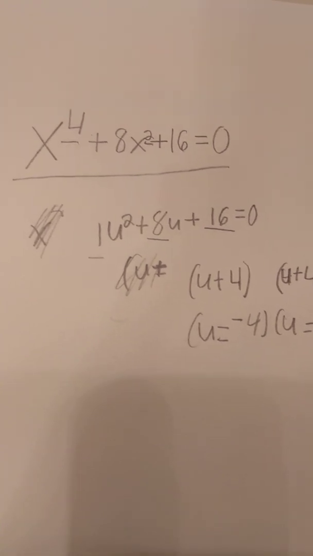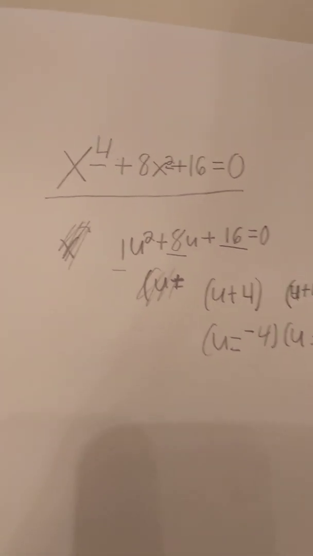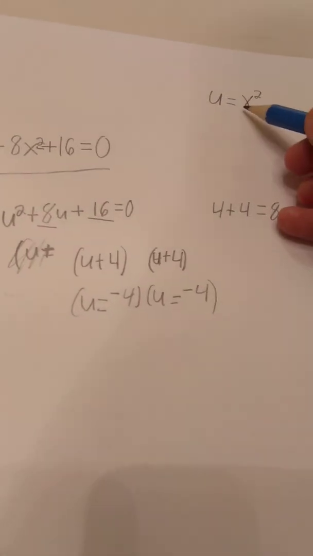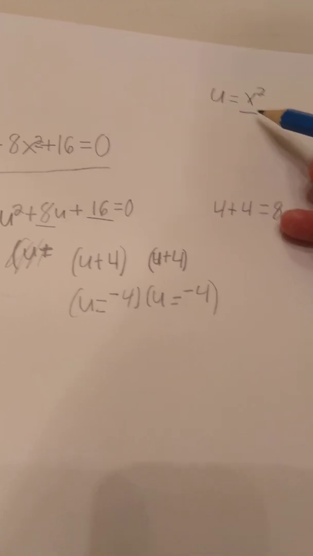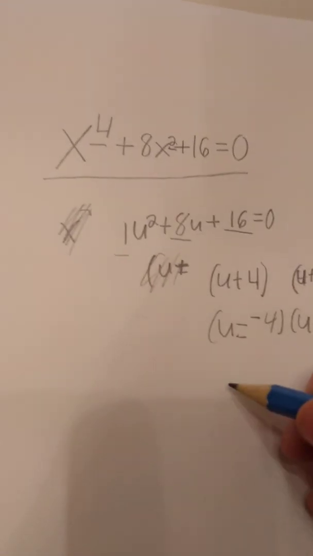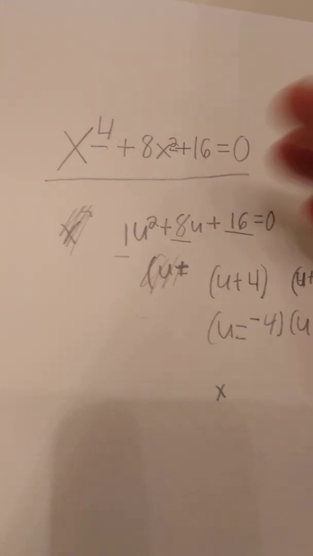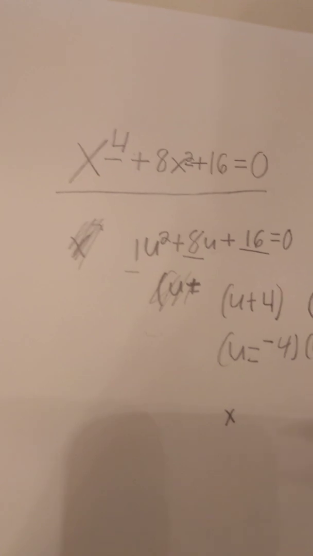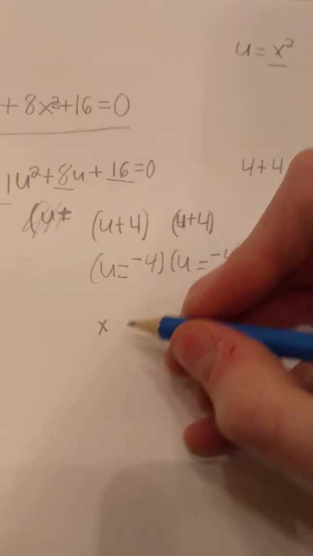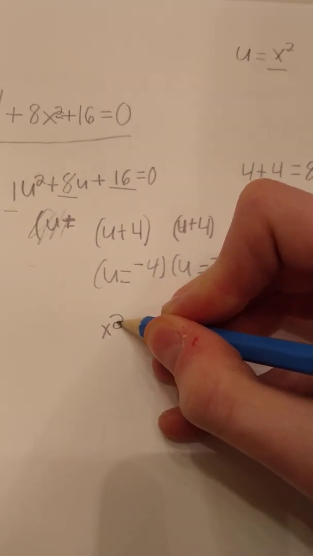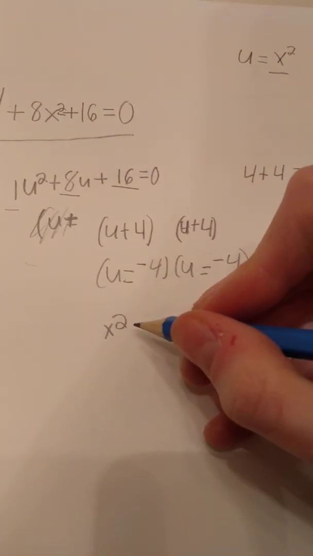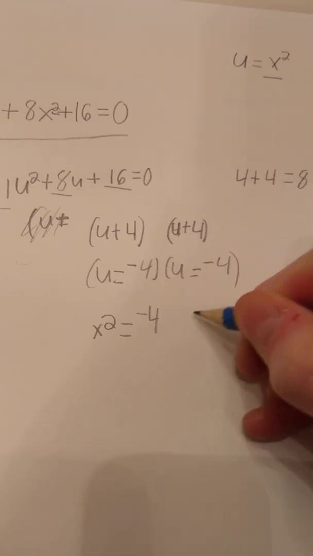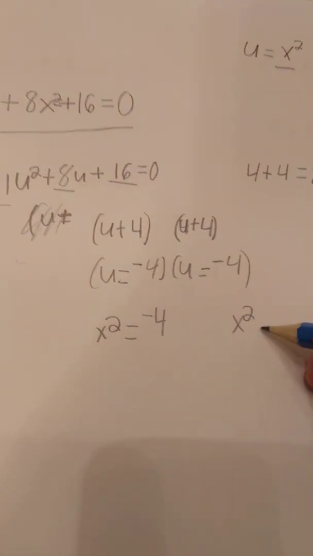Now, because we are still using u, we have to go back and substitute our original x in order to finish the problem, because the original goal of this problem is to find what x equals. And in order to do that, we have to replace it back with x squared, because that is what we set the value to earlier, and that is equal to -4. So now we're going to mirror that over here.